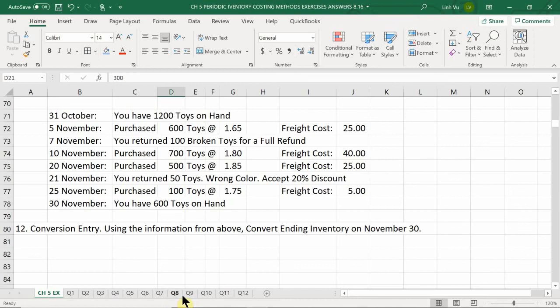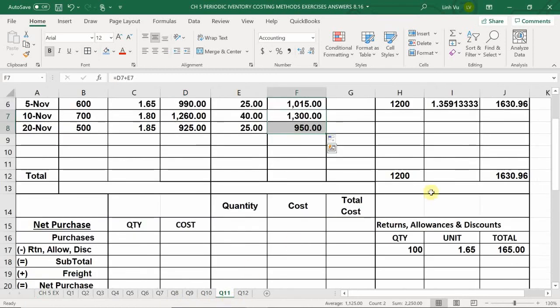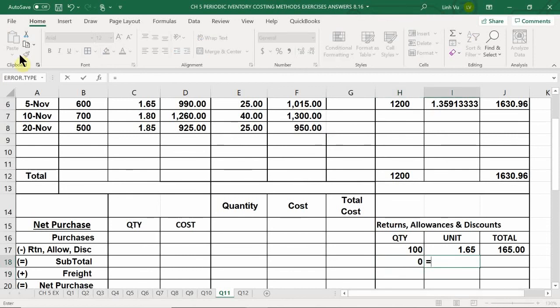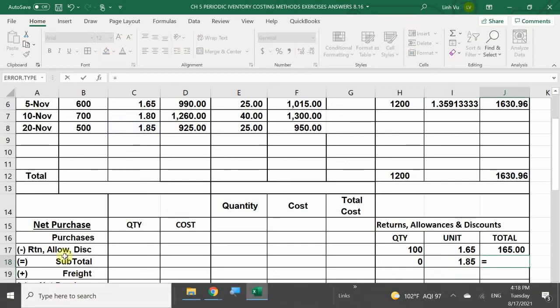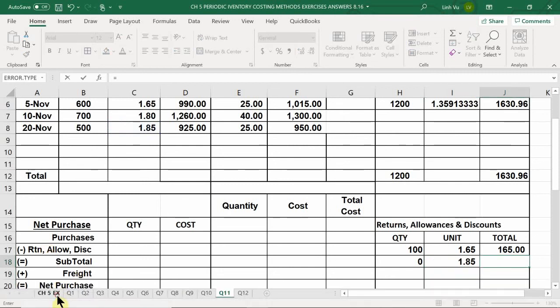Let's go to our inventory worksheet here. Did we end up returning anything? No. But at what cost? $1.85. And in this case, I forgot what the number was.